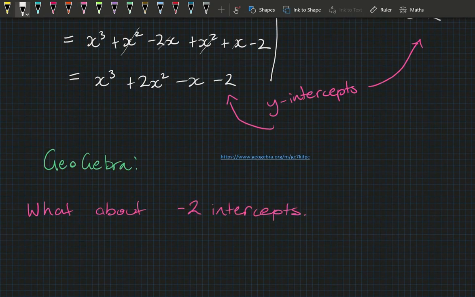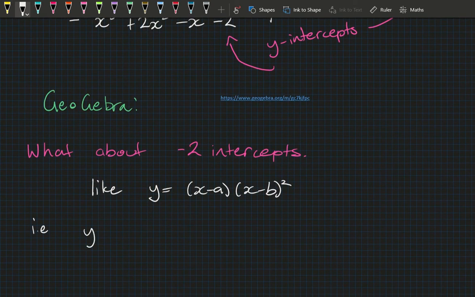And that occurred when we had a square in the equation, like y equals (x minus a) times (x minus b) squared. So if we were to try some numbers there, y equals (x plus 1) times (x minus 2) squared. To know where all my intercepts are here, I'm going to have to expand it.